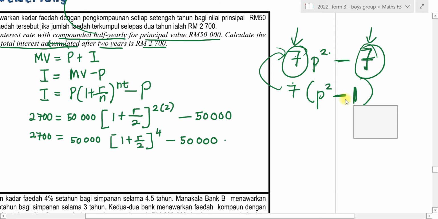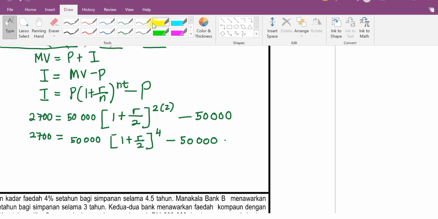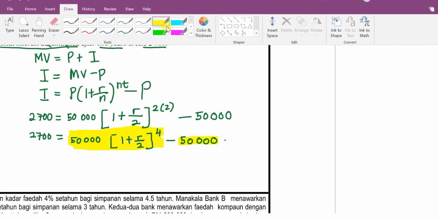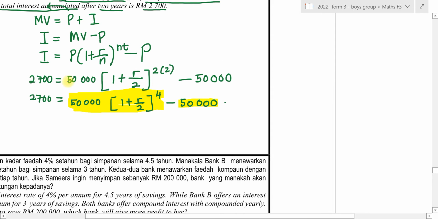Similarly, I'm going to do the same thing here. This one is considered one term, and that is another term. Both places have 50,000. This one is 50,000 multiplying with 1 plus r over 2 to the power of 4, and this one is just 50,000.